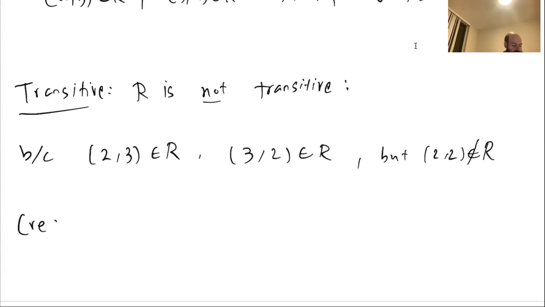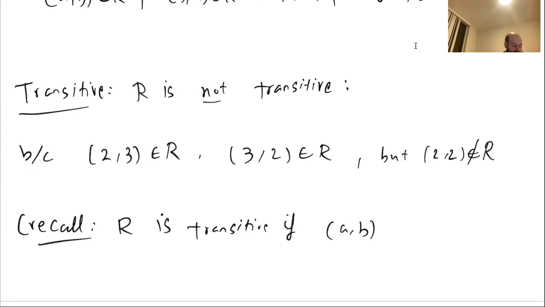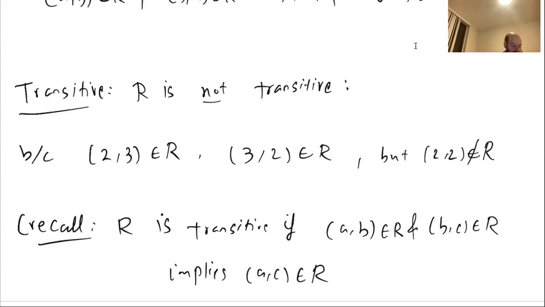Again, recall the definition of transitive. R is transitive if (A, B) in R and (B, C) in R implies (A, C) in R, again for every A, B and C. But here, (2, 3) is in R, (3, 2) is in R, but (2, 2) is not in R. Why is (2, 2) not in R?